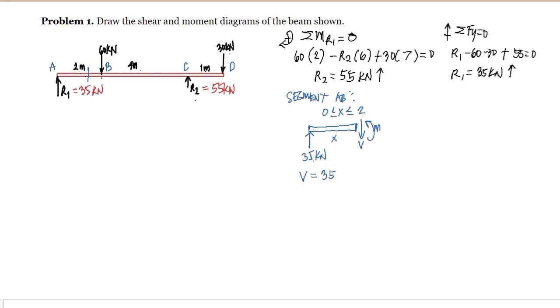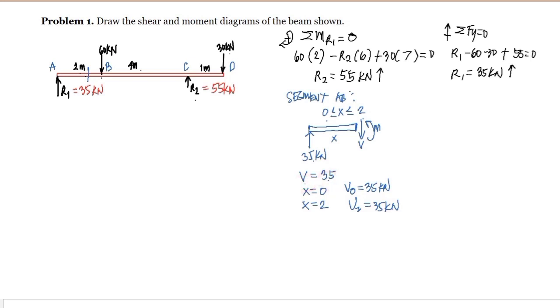If we are going to determine the shear at x equal to 0, the shear at 0 is equal to 35 kilonewton. And since our limit runs from 0 to 2, at x equal to 2, the shear at 2 is also equal to 35 kilonewton. As you can see here, we have this equation: the shear is equal to 35.